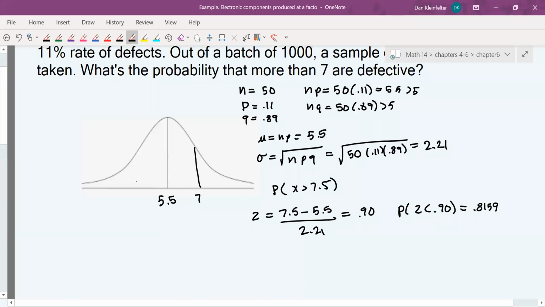That was the left tail. We actually want the right tail, so that'll be 0.1841.